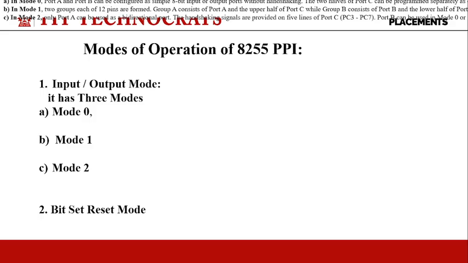Now in case of the simple input output mode, it has 3 modes: mode 0, mode 1 and mode 2. Here in mode 0, these ports can be used for simple input as well as output operation without handshaking signals.